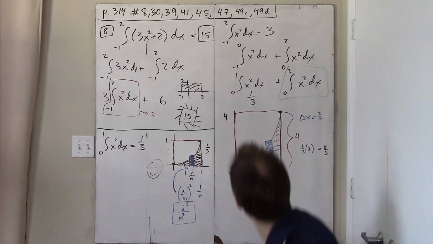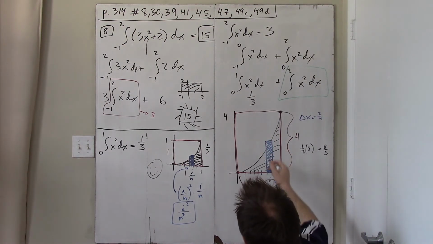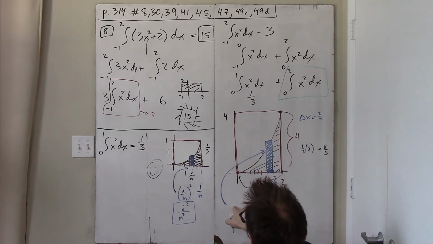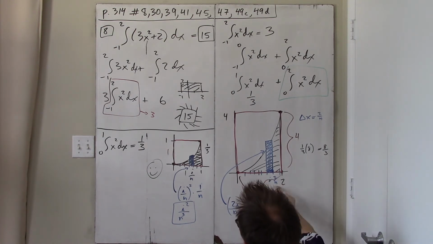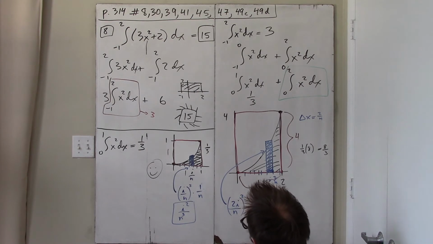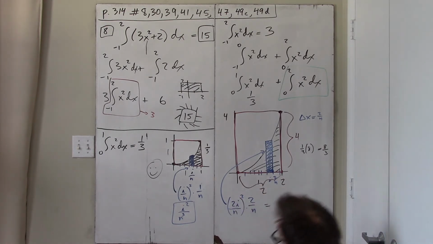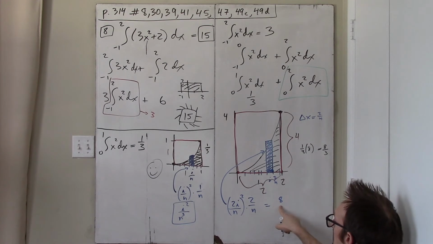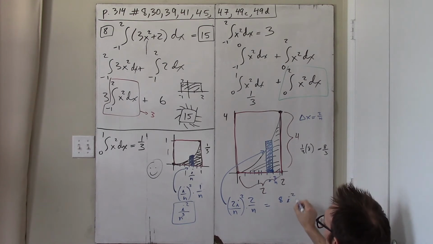And now what's the area of the ith rectangle here? Well, it's going to be this 2i over n x value squared times the width of that rectangle, which is 2 over n. And so what you actually get is 8 times i squared over n cubed.